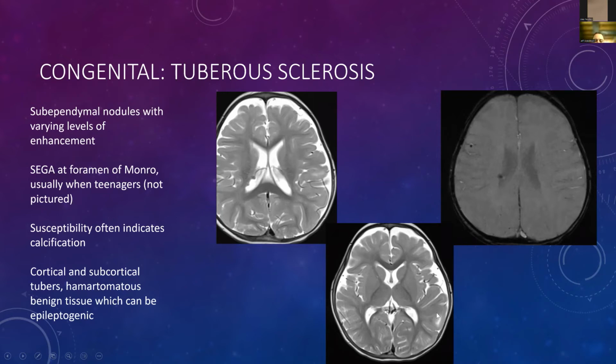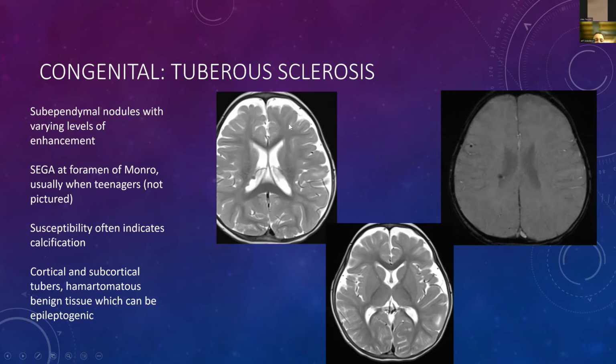More subtly, you can see bright spots on the T2 imaging in the cortex, which correspond to cortical tubers. The hamartomatous tissue seen within the tubers can be epileptogenic.